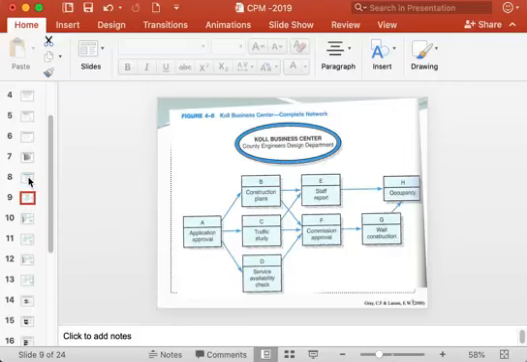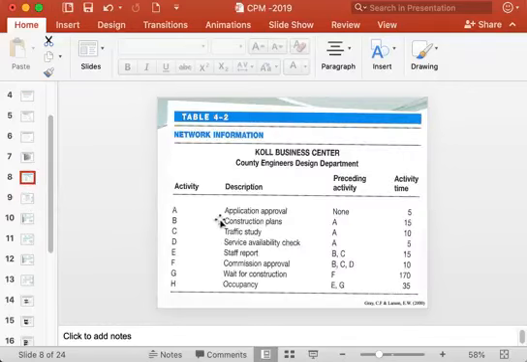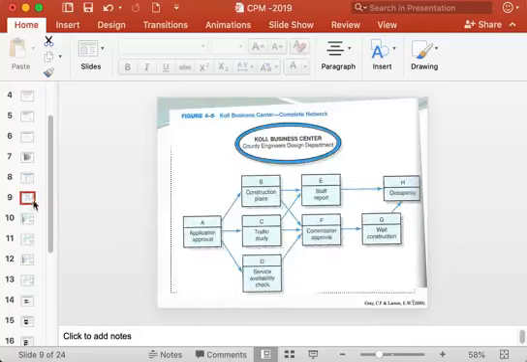So you can see, we can start with activity A. Activity A has no preceding activity, so activity A is the first activity. Here you can see.